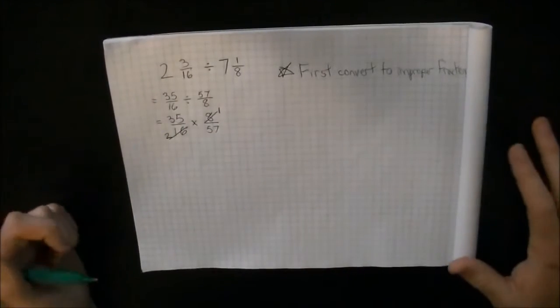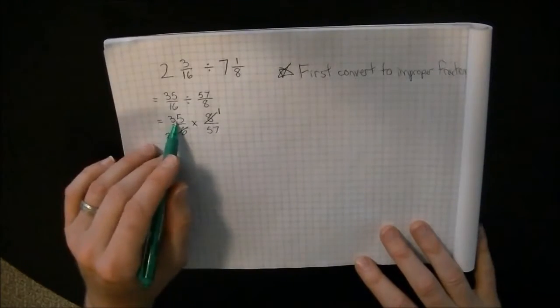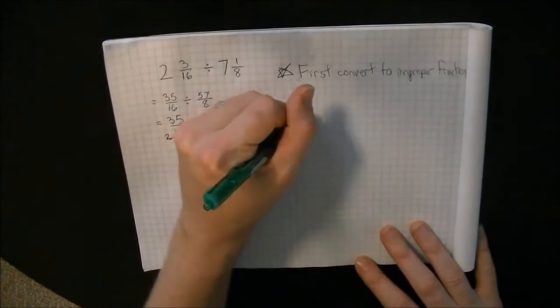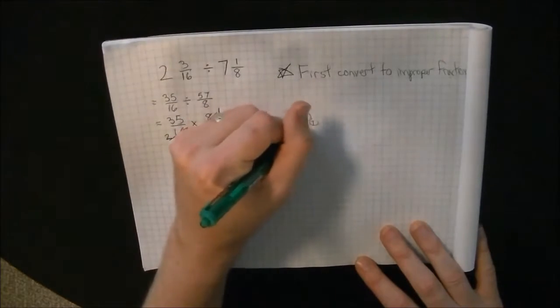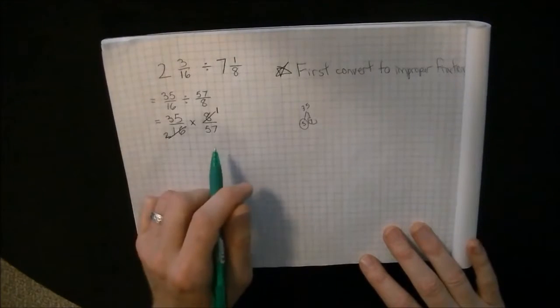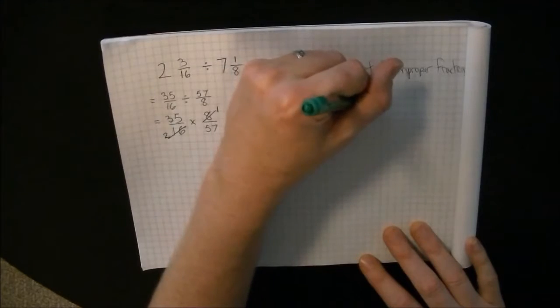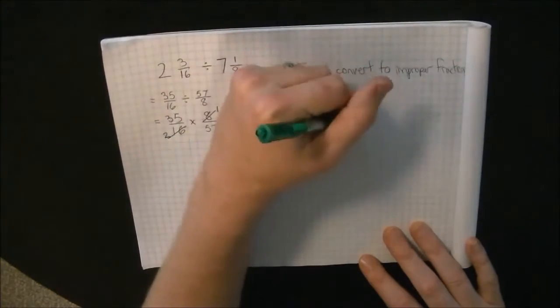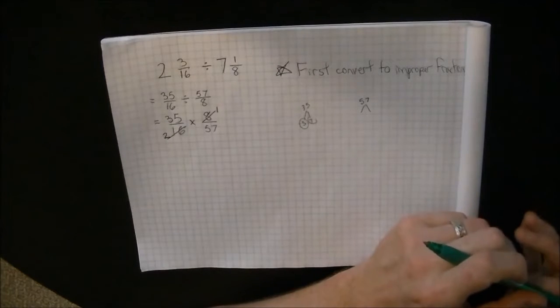Well, this is where that prime factoring comes in. What are the prime factors of 35? Well, 35 is 5 times 7. Does 5 or 7 go into 57? I don't think so, but what are the prime factors of 57? Well, 2 doesn't work.